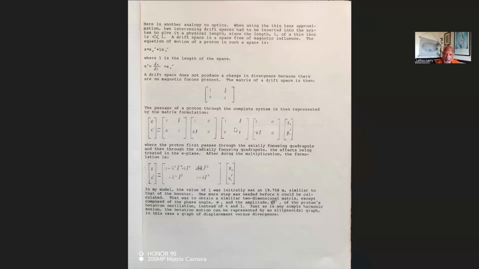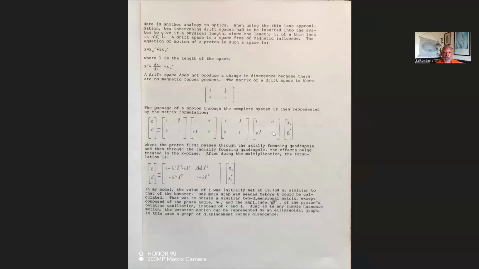Drift space. Then the axially focusing, vertically focusing, radially or horizontally defocusing element of a quadrupole magnet, thin lens approximation, drift space.